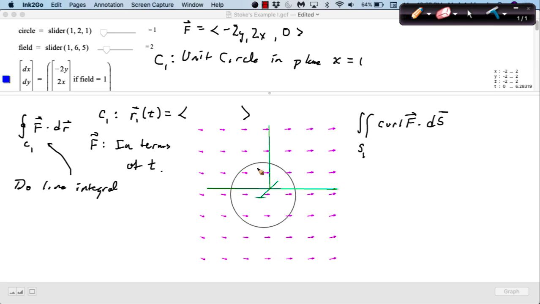What's that? Yeah, there's a disk, right? The flat disk. So there's the plane at x equals 1. That's going to be the easiest, right? So we're going to make S1 the disk at x equals 1, or the unit disk, say.